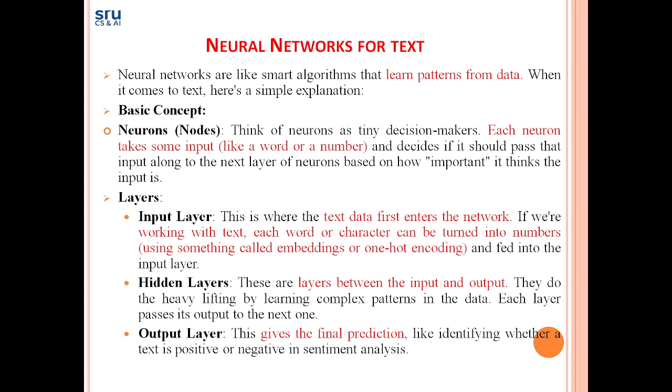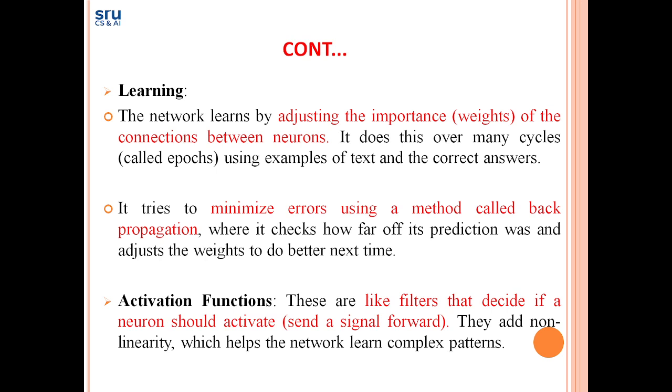Output layer: it gives the final prediction, like identifying whether a text is positive or negative in sentiment analysis. Learning: the network learns by adjusting the importance weights of connections between neurons. It tries to minimize error using a method called backpropagation.